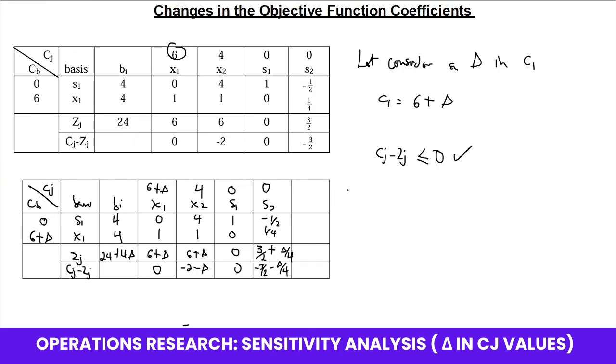So you have minus 2 minus delta must be less than or equal to 0 for the table to be optimal. And then minus 3 on 2 minus delta on 4 must also be less than or equal to 0 for the solution to be optimal.